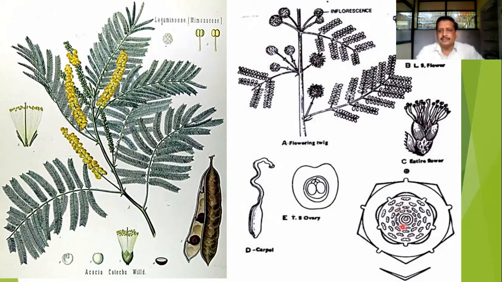So in the TS of ovary, we can observe that at the center there is a single locule, but ovules are multiple because placentation is marginal here. So this is the typical characteristic of the family Mimosaceae.